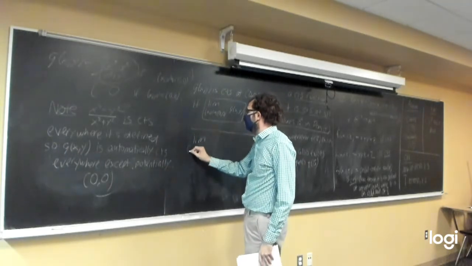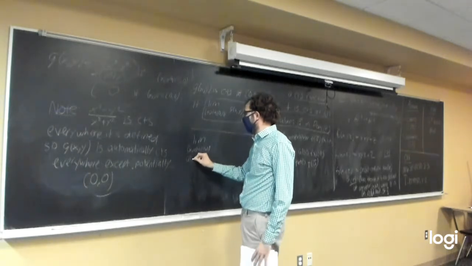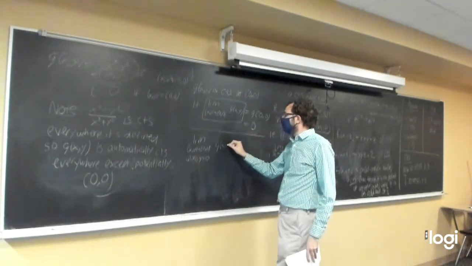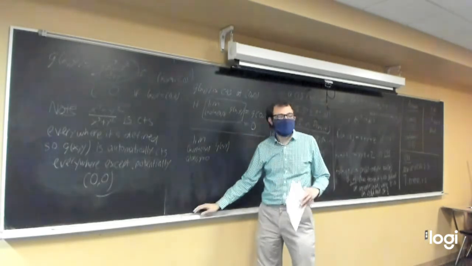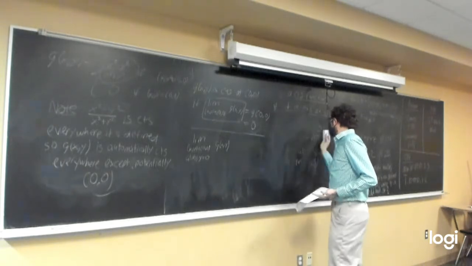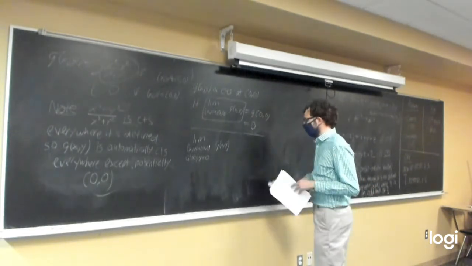So if we were to take a limit as xy goes to 0, 0 along y equals 0, since we're looking as xy is only getting close to the origin rather than at the origin itself, we're going to use the top half of the function, g of xy.